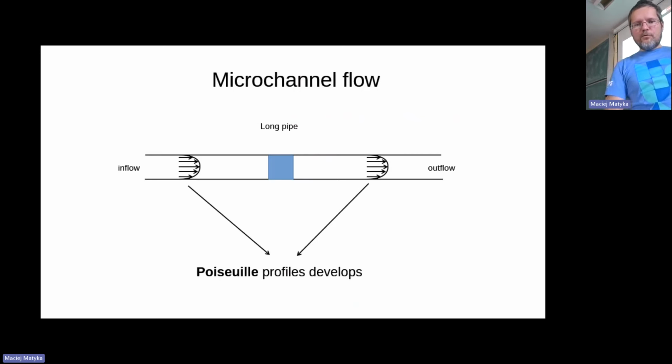That was a project I was involved in when I was a postdoc in Bremen, and the idea was the following. So you have an inflow on the left-hand side.